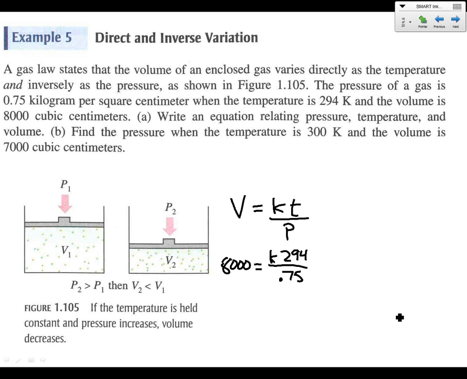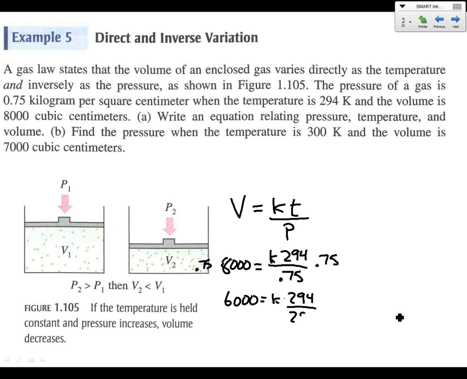And so let's go ahead and get k by itself so we can have an equation, and then we'll plug in some different values. So first thing we need to do is times by 0.75, which is 3/4. 3/4 of 8,000 is 6,000, equals k times 294.